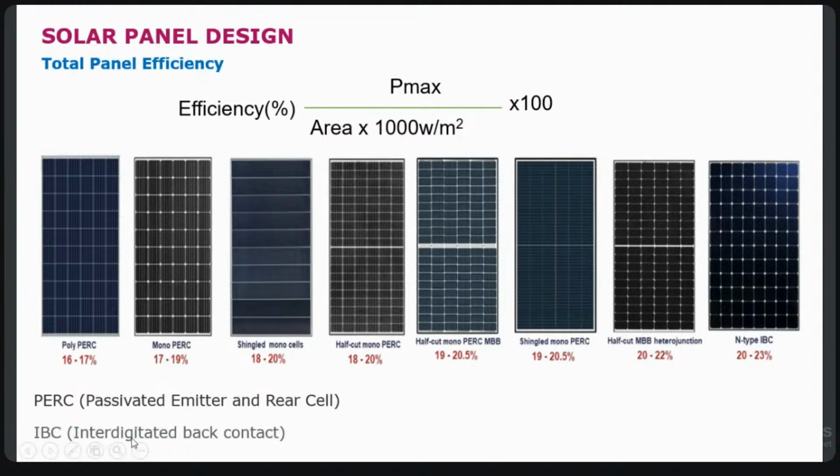Generally in the market, we are using the single mono PERC, the passivated emitter rear cell. In the market, poly PERC is available and mono PERC is available, but mono PERC has a higher efficiency compared to poly PERC.